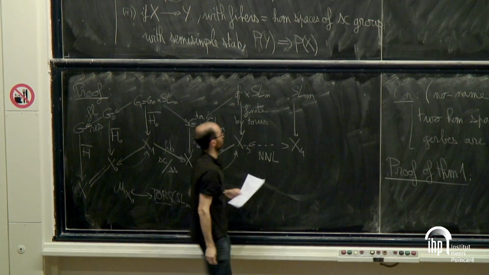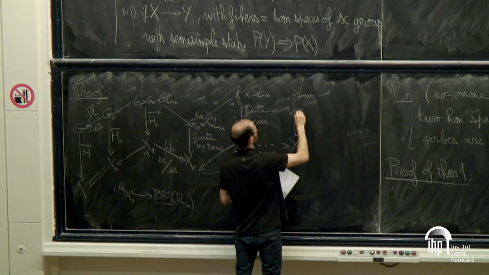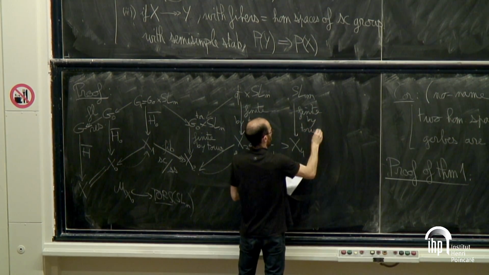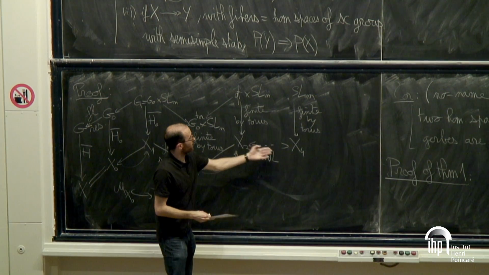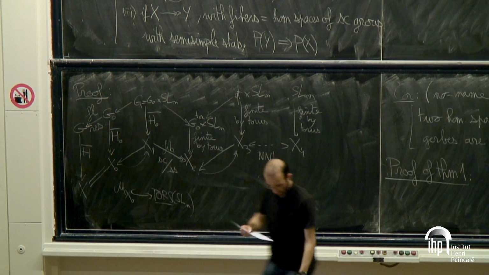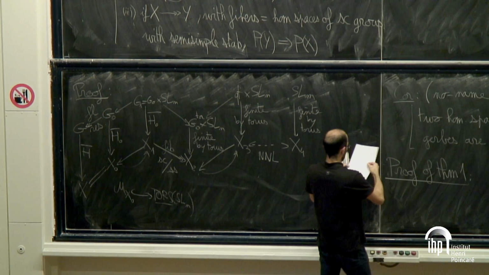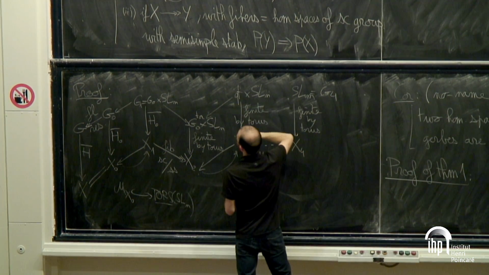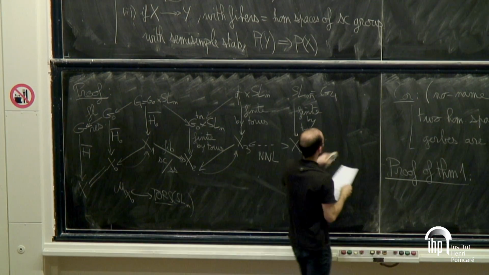And the stabilizer is the same, so still finite by torus. And since they are stably birational, property 1 is fine for us. So this is, say, X4 maybe. Yes, X2, X3, X4.